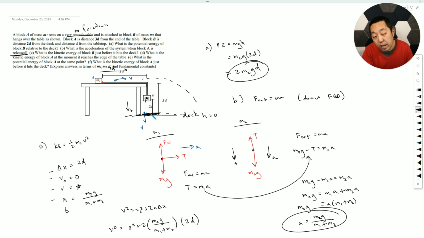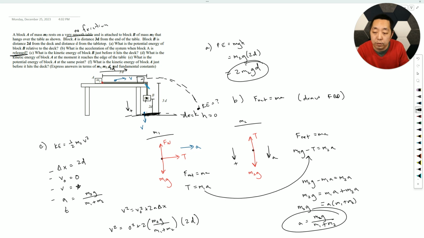But then it hits the ground, and all of a sudden this block is no longer going to move, and the string is not taut anymore. Why? Because block A will keep moving, and so the rope will slacken. It's kind of like it's pulling down now, but this block has some speed already, so it's just going to continue sailing, and it's going to go down to here. And we want to know what the kinetic energy at this point is going to be.